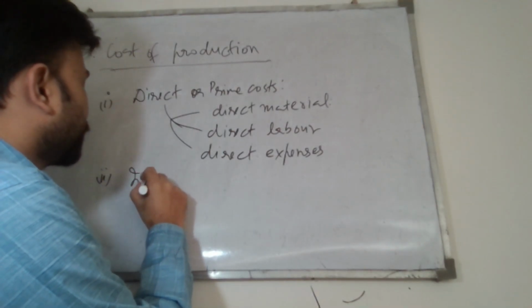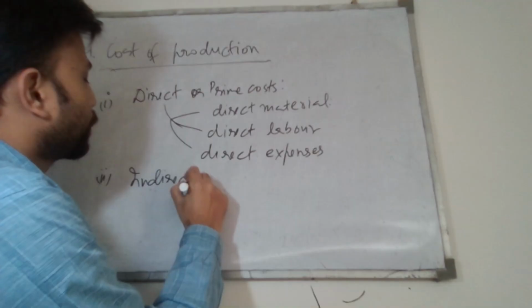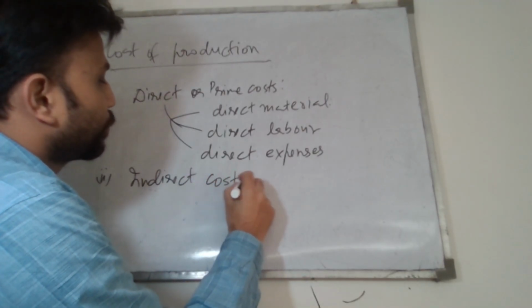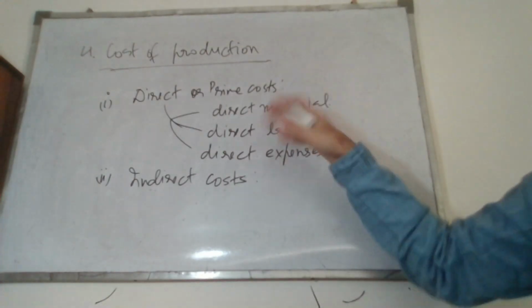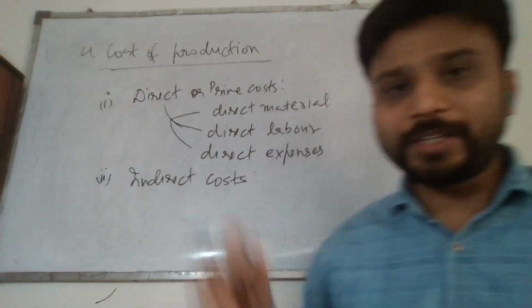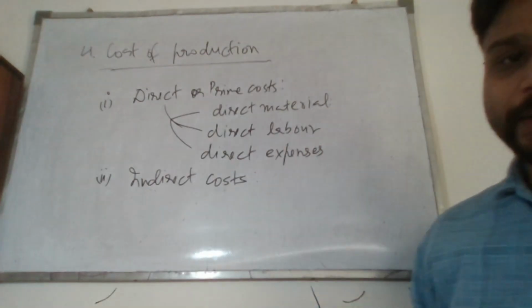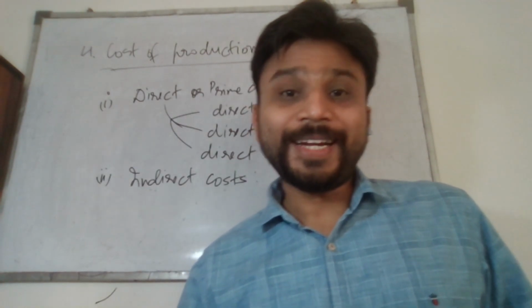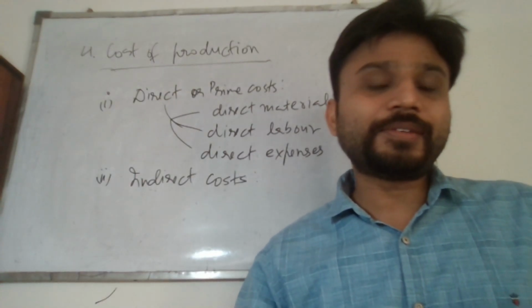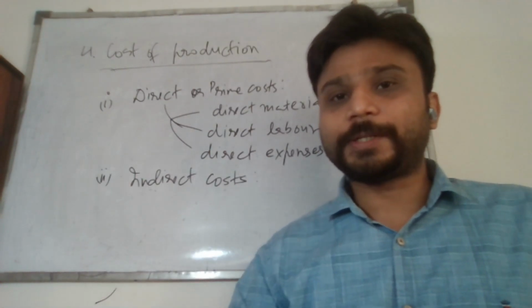Next, we have indirect cost. Indirect costs can also be categorized in all the three things which I have labeled here. That would be indirect material. What would be the indirect material used? Indirect material means the material which is not part of the final product.